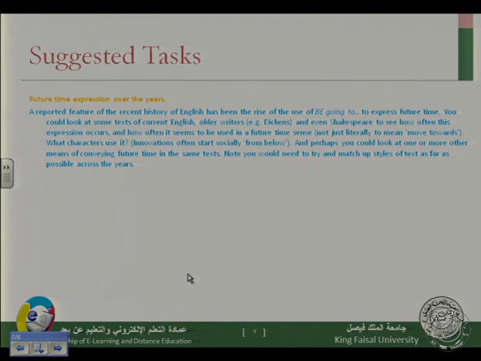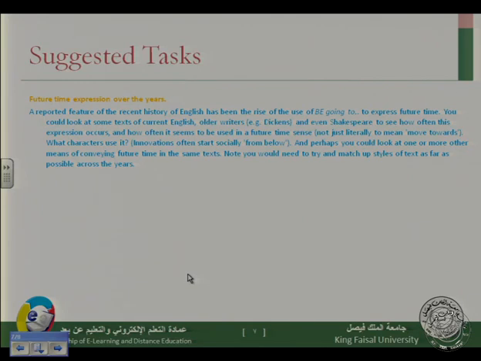So this is one way to do it, to check, for example, Dickens, Shakespeare, to see how often this expression occurs and how often it seems to be used in a future time sense, not just literally to mean move towards. Sometimes they might use this expression to mean something else.